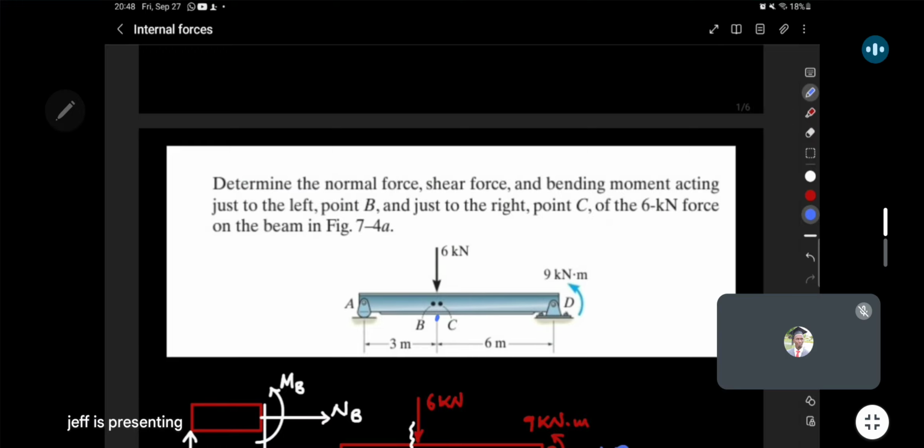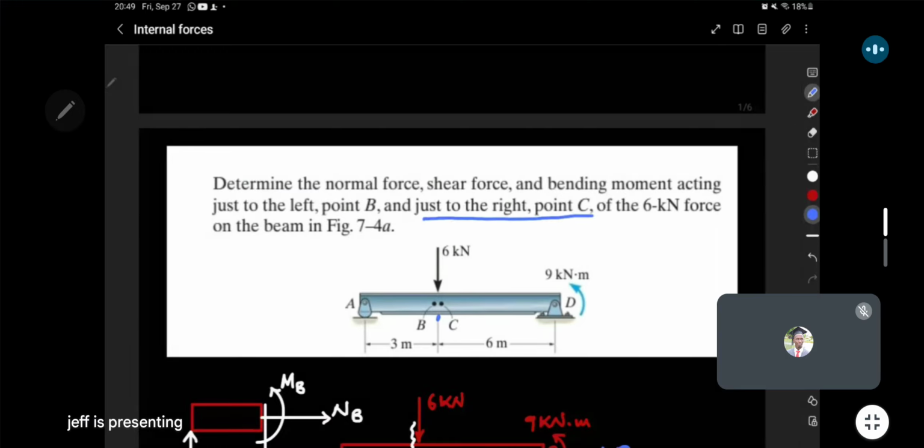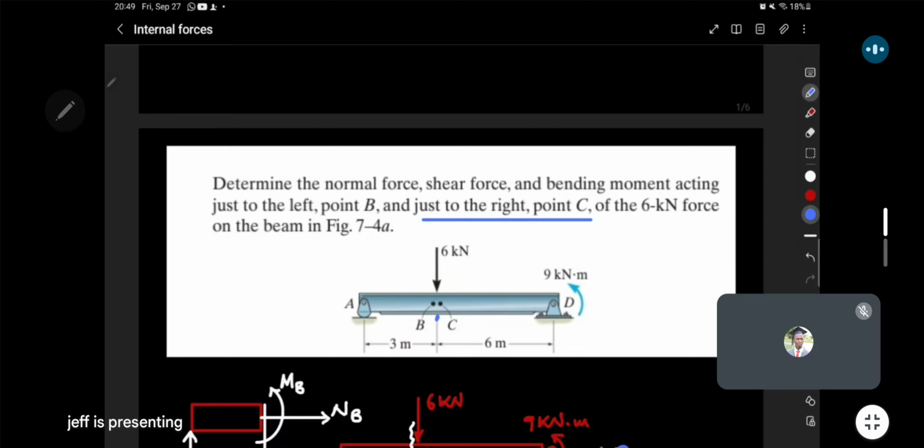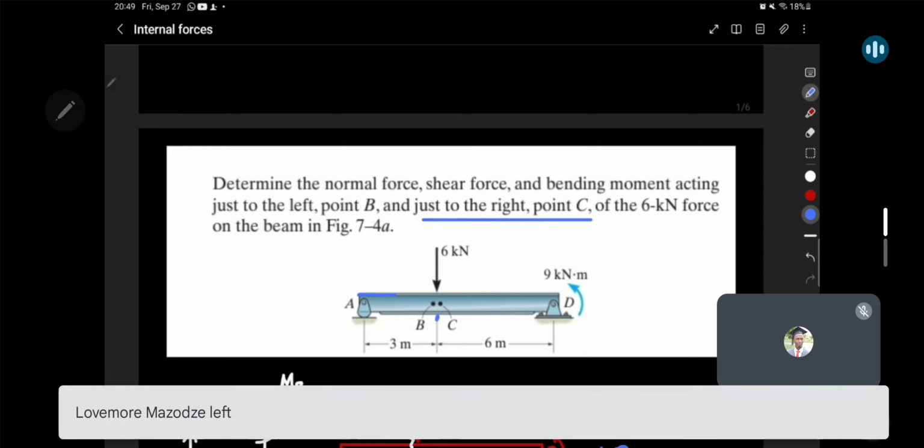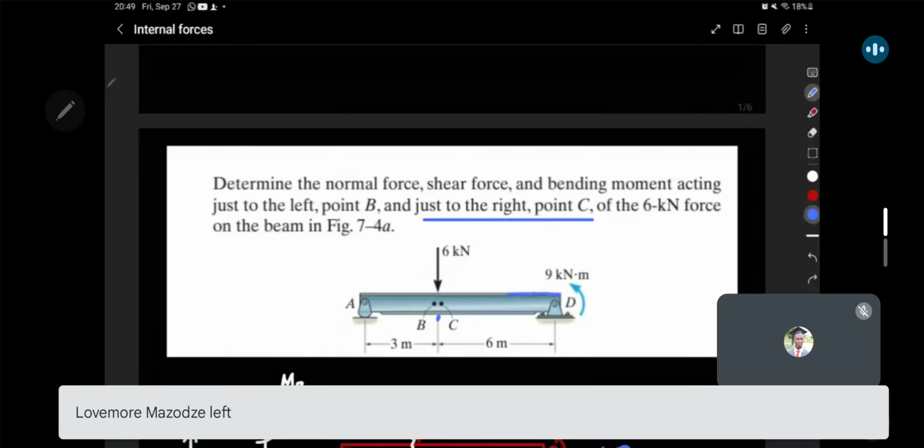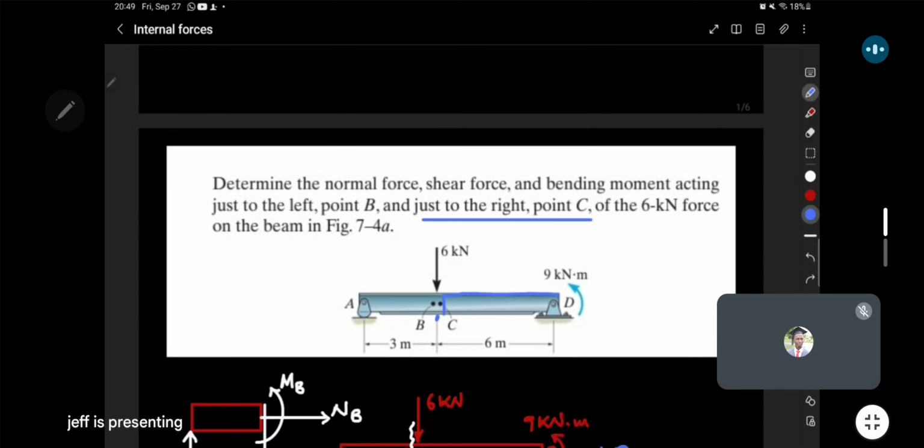So the next part is now to understand what is happening just to the right of point C, meaning that now our section, if we end up getting the section to the left this side, it will mean that we'll have to use the reaction forces at point D there. But we don't want to start finding them. You can, that's okay, but you can still just stick to one side.